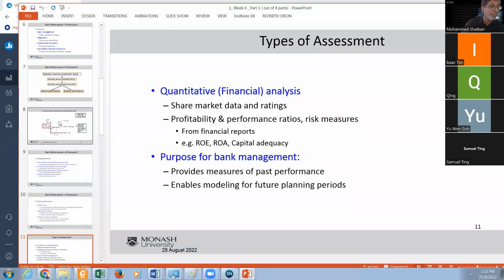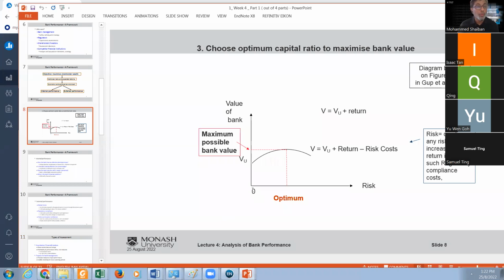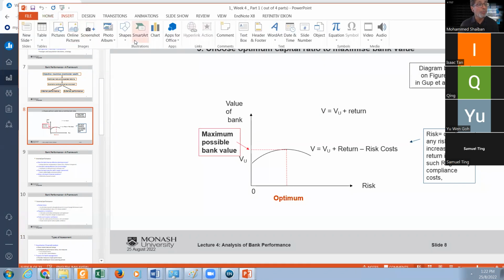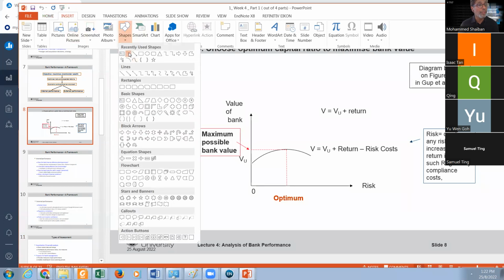Please look at this slide. If you want to increase the value of the bank, there is return, and this return, as we have talked about, can just go up, up, up. But if we take this, it's linear. We take this quadratic, what we call. This is very important for you.